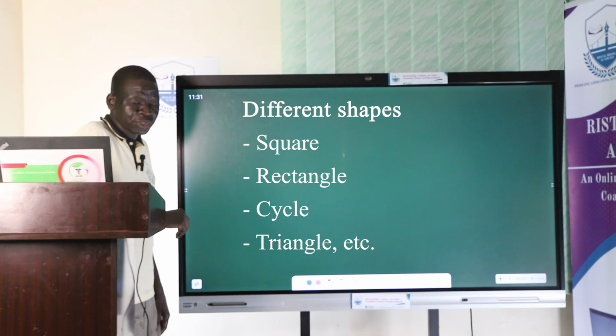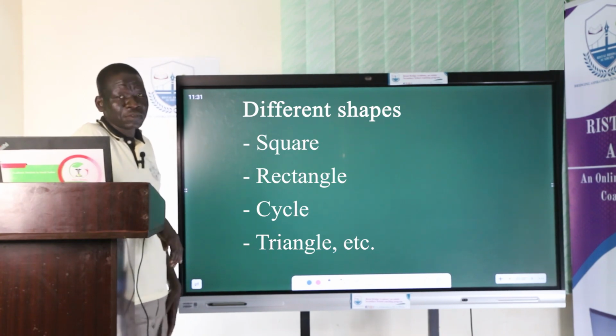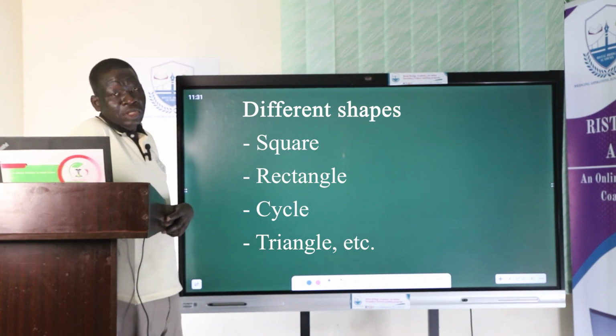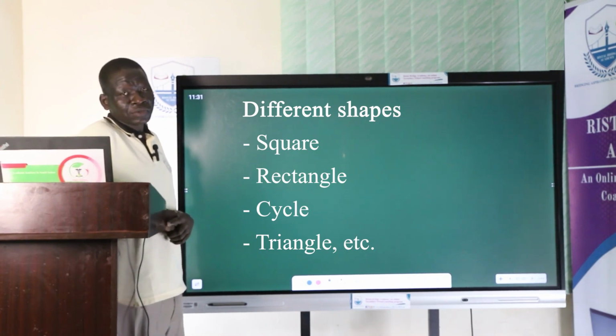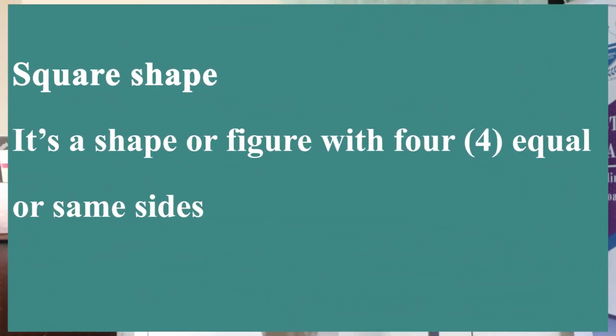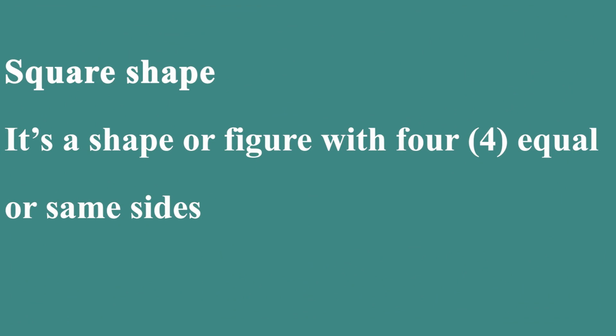The different shapes we can have are what we call a square, a rectangle, a circle, and so on and so forth. The square, first of all, is a figure with all sides equal.